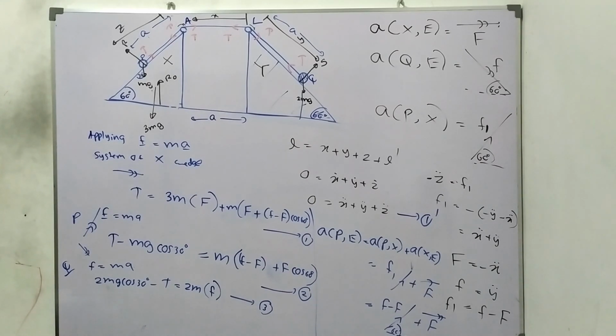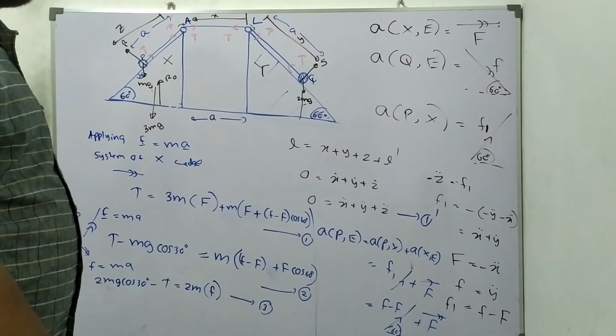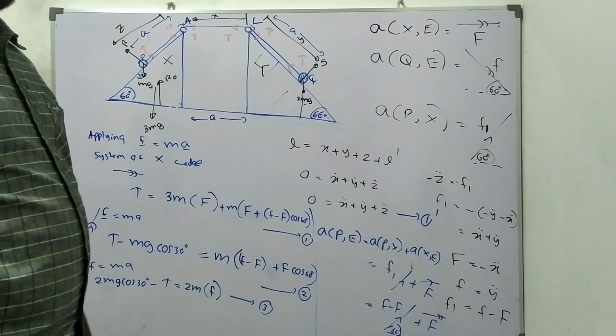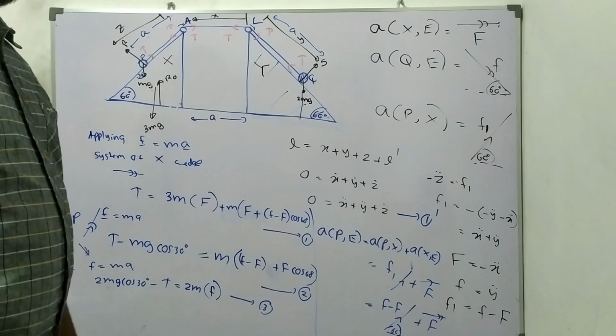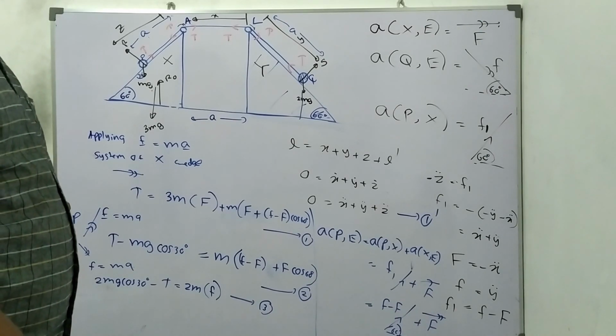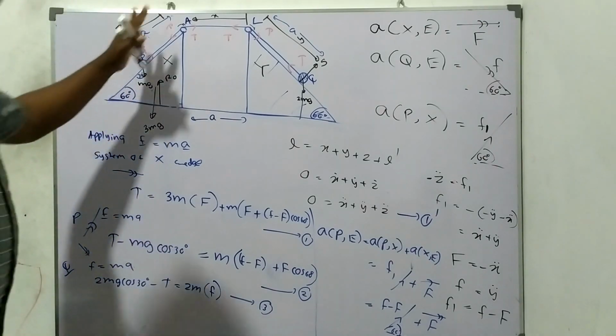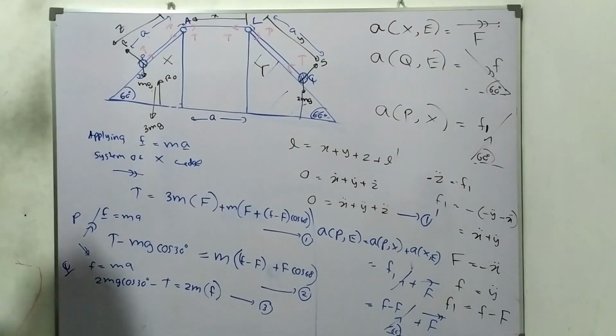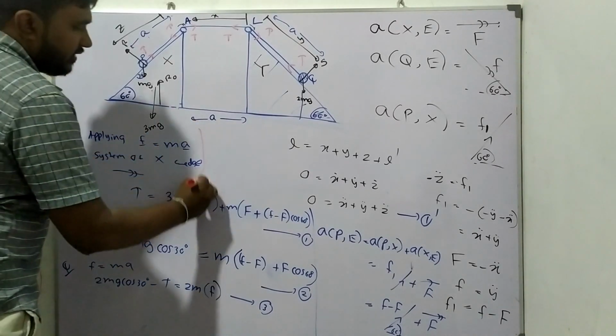So anyway, what we have to do is find the time taken by X to reach capital Y in terms of a and g, no? Okay, so then one more equation should be applied. This wedge system is going right hand side, so we have to apply some linear equation. I think S equals ut plus half at squared is suitable, because the starting velocity is 0.